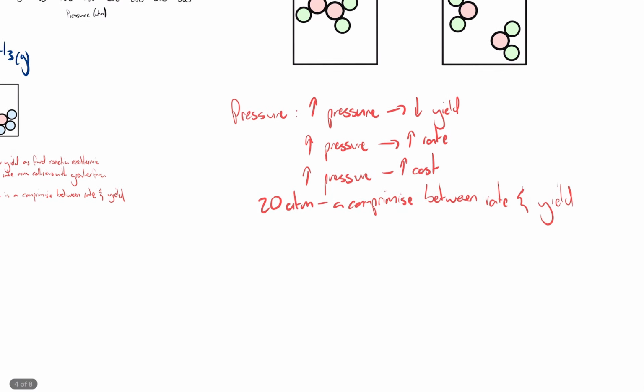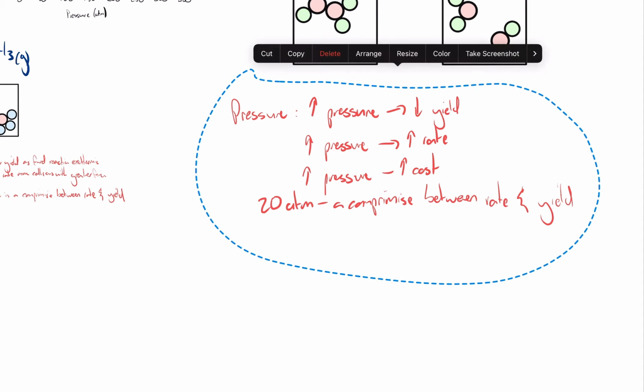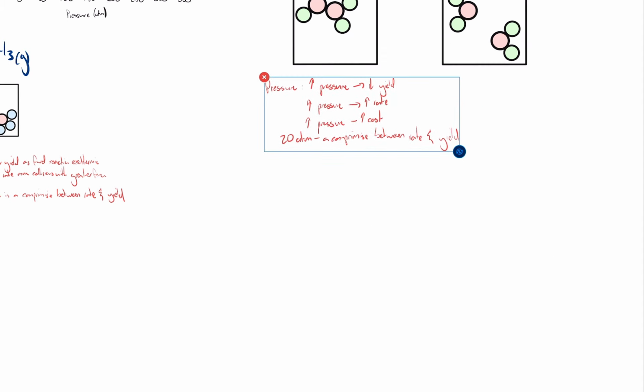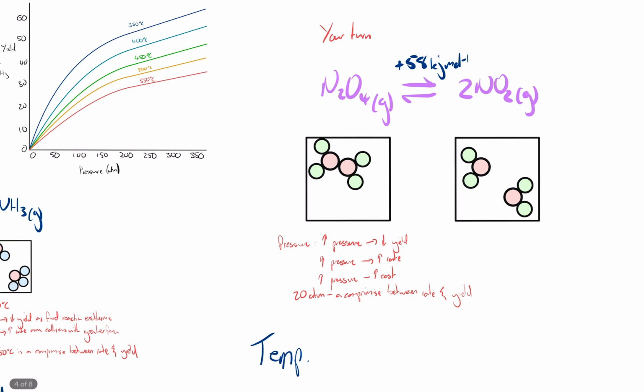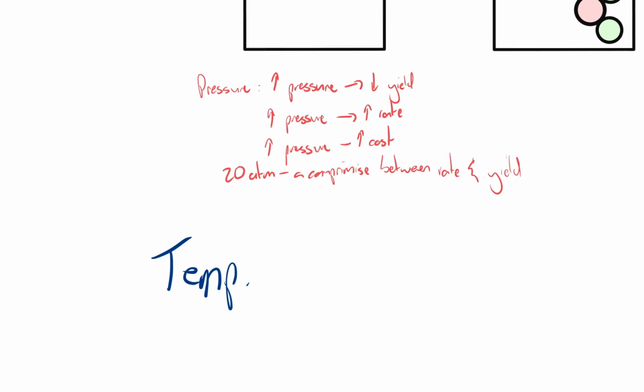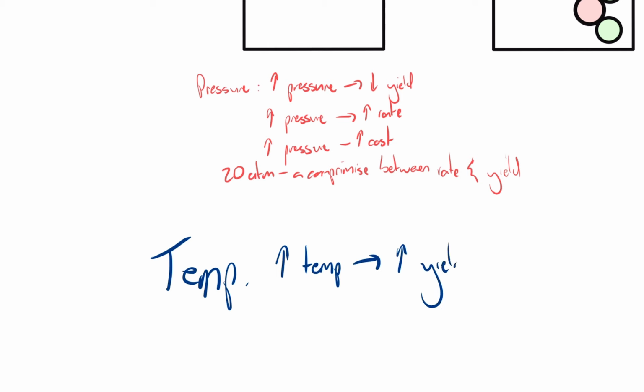Temperature. So this time our forward reaction is endothermic. We know that because it's positive. So if we heat this reaction up, our reaction is going to shift to the right. So high temp leads to a higher yield. High temp, we know, gives us a higher rate.